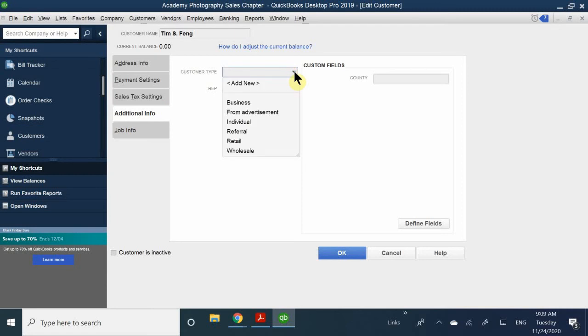So they have business, advertising, individual. I'll use PETA for example. Most of our customers are from One Stop. You can create it like that.